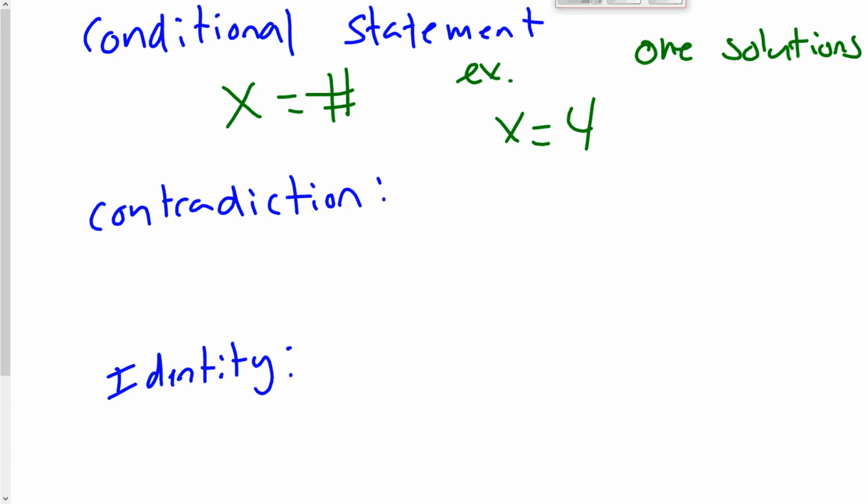Just one number. On a contradiction, that means when we're solving an equation, the x's are going to drop out, or the variable is going to drop out, and after we simplify, we'll be left with something like 7 equals 8, a contradiction, right? 7 does not equal 8, that's a contradiction. And that usually happens when the x's cancel out.